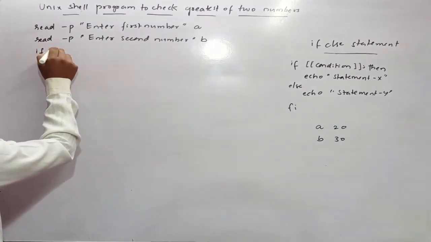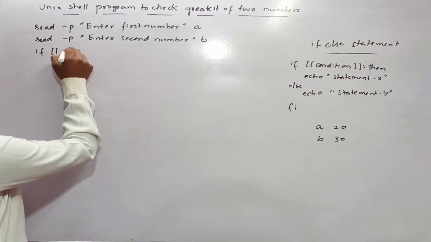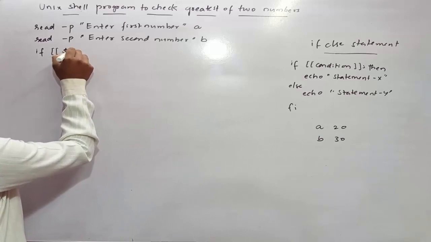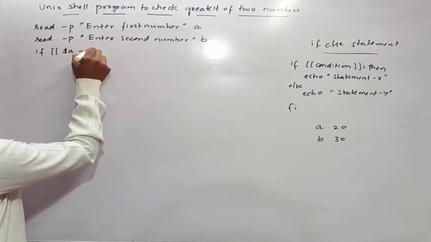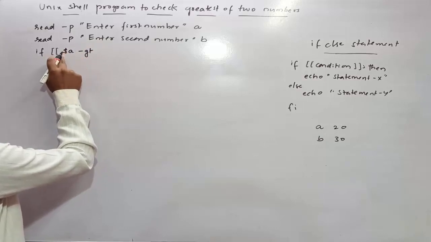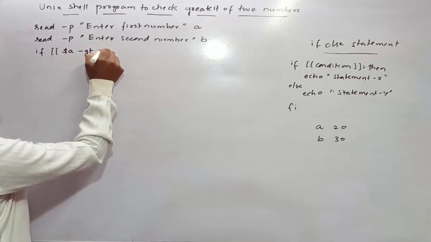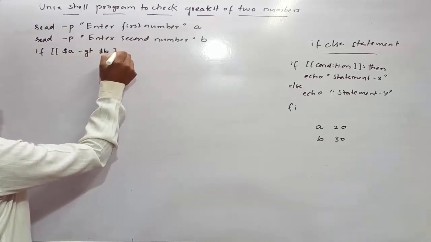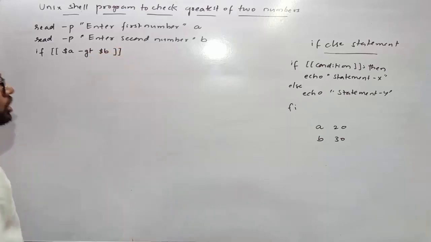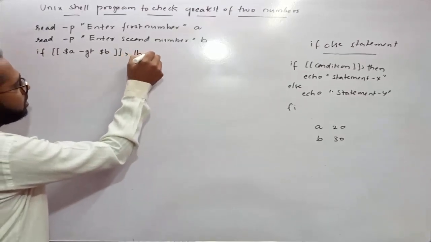if space [[ $a -gt $b ]], you need to put a space here also, space -gt space $b, then close two square brackets, then put semicolon, then you need to use then.